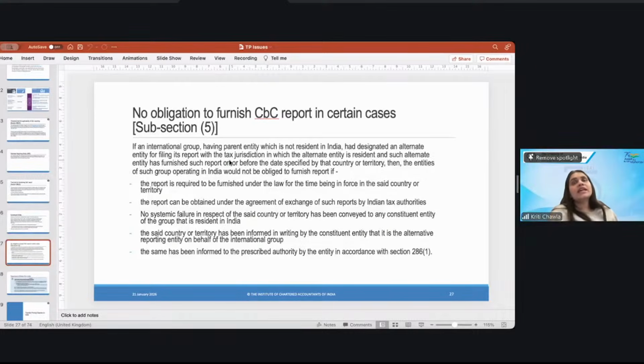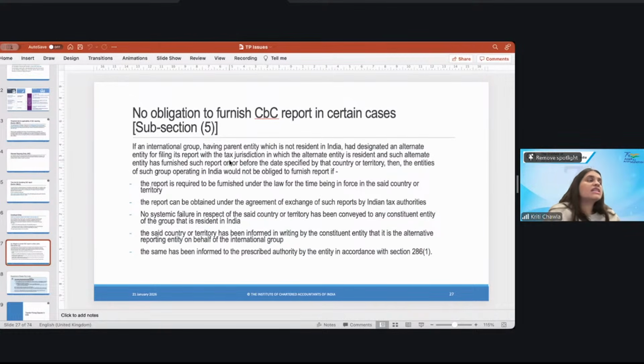Why not? Well, that is because the report can be obtained by the Indian tax authorities with respect to the tax information exchange agreement. If that is the situation, they don't have to file CbCR in India. Now, because CbCR compliance is there in India also, there could be a possibility that CbCR is required in India.